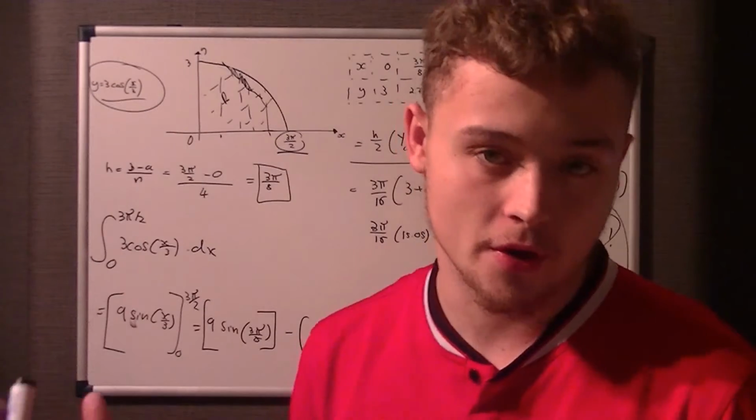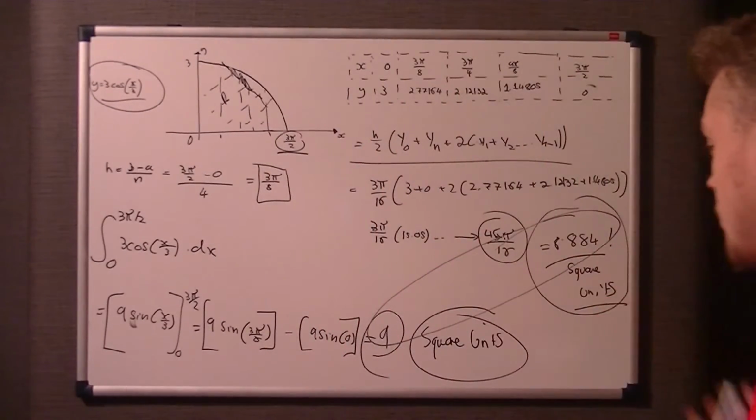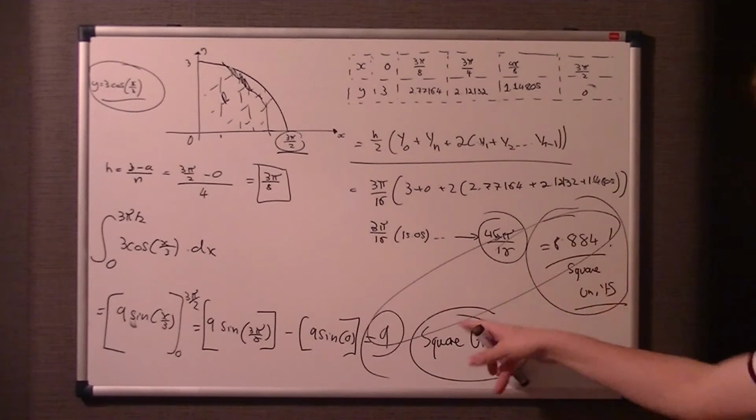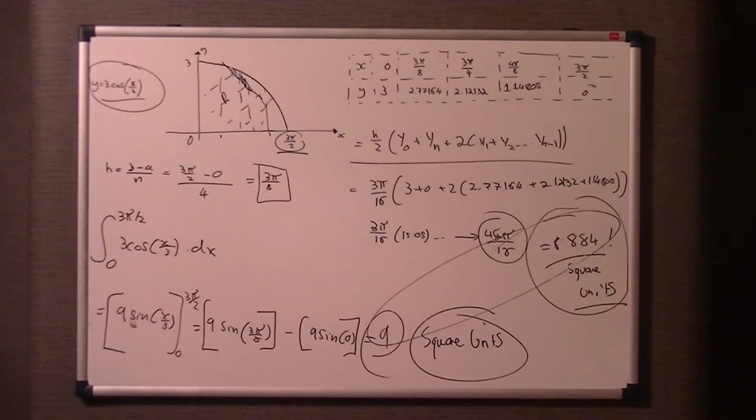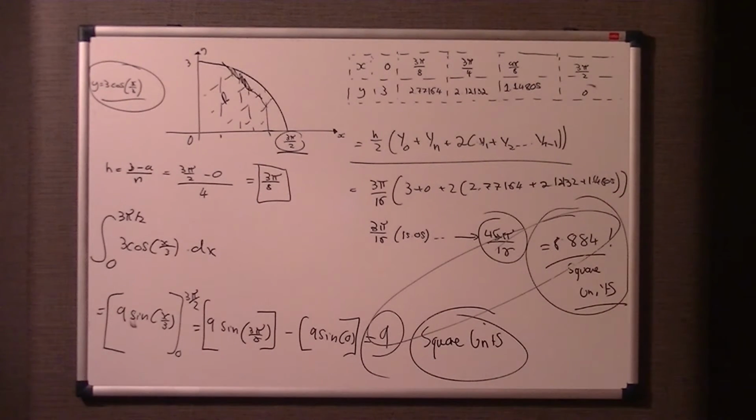What you would do for that is work out the difference between these two values, which would be, I don't know, 0.116 or whatever it might be. Then you would divide that by the original value and times it by 100 to get your percentage error. So it's the percentage error of the trapezium rule estimate.